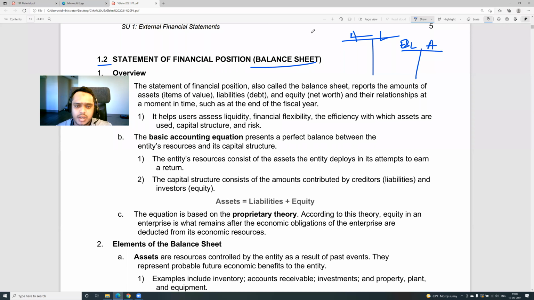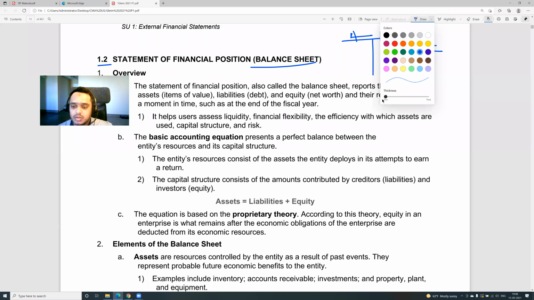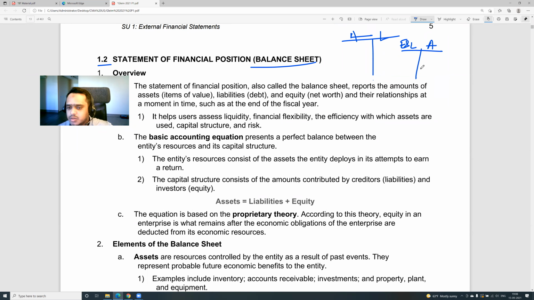When this equation comes into the picture, there are so many things you can do by playing with it, because you are going to get questions from all around based on this accounting equation. When assets is this much, what is the value of equity and liabilities?